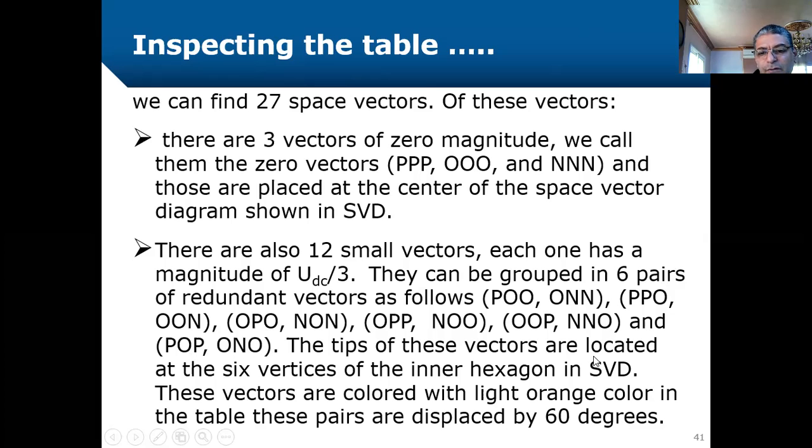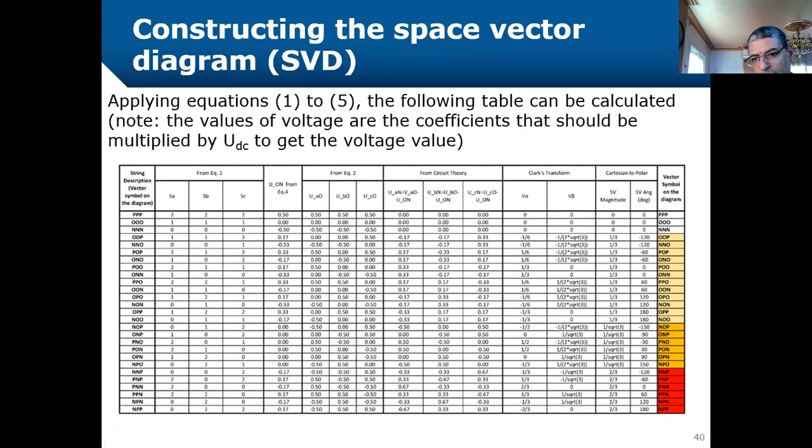The tips of these vectors are located at the 6 vertices of the inner hexagon in the space vector diagram. These vectors are colored with light orange color in the table, and these pairs are displaced by 60 degrees. Light yellow color, as you see here.